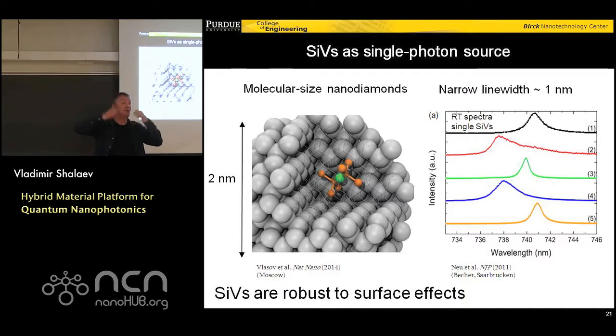Then we should be able, by using strong Purcell enhancement, a strong resonator, or let's say a hyperbolic metamaterial, to emit many photons within the coherence time. That would make them indistinguishable. And the promising way to go is actually to use silicon-like vacancy, or perhaps germanium-like vacancy, because in this case you have really narrow linewidths, 1 nanometer.